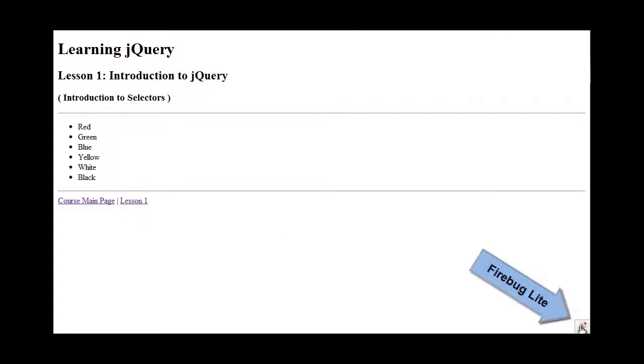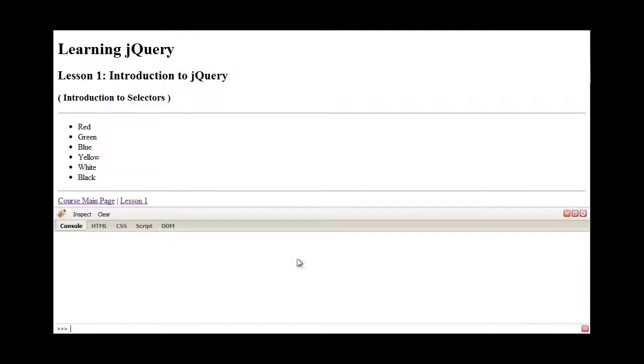Come down to the right hand corner here, click on Firebug, and it opens up, and we can see a little command line down here in the bottom. Let's say we create a variable called test and give it a value, we can see the results come up here on the screen.